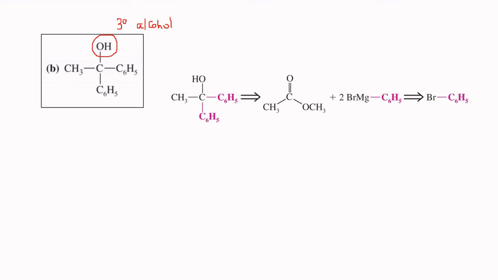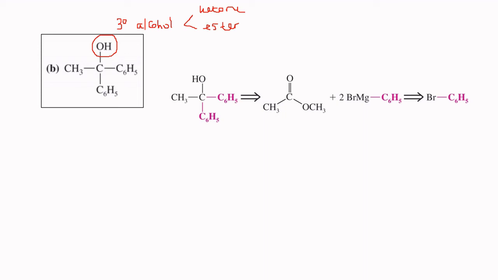We can also make it from ketone, or another alternative is using ester. So a tertiary alcohol can be made from ketone or ester. In the previous example, I showed you how to make it from ketone. In this example, I'm going to show you how to make it from ester.